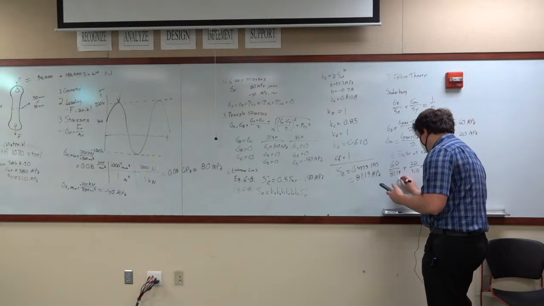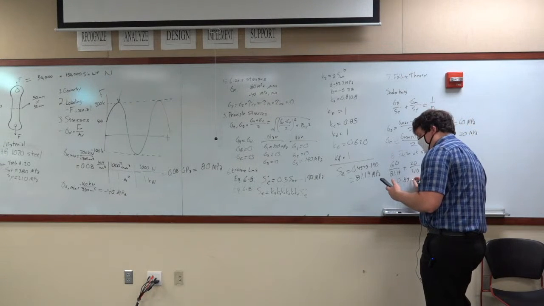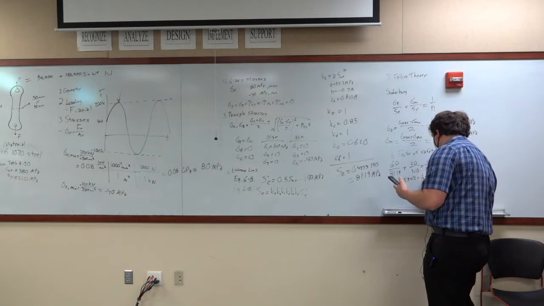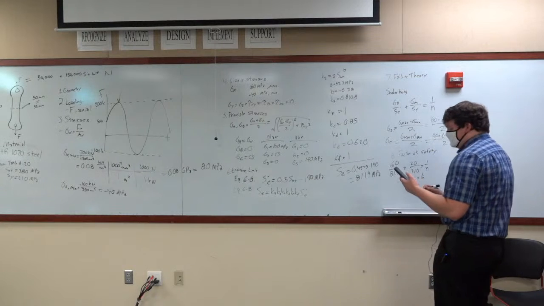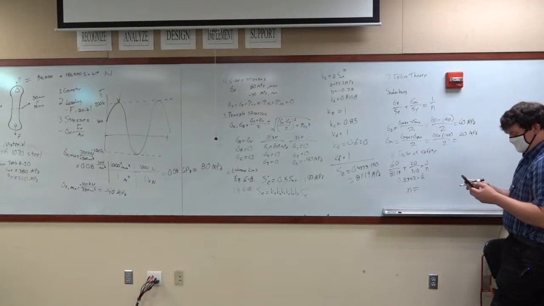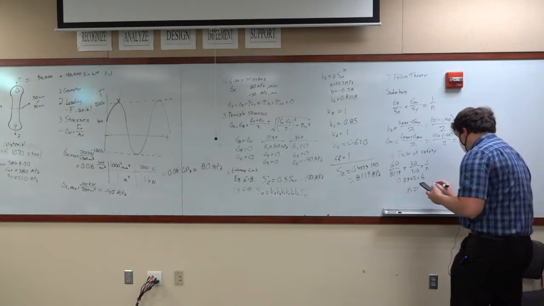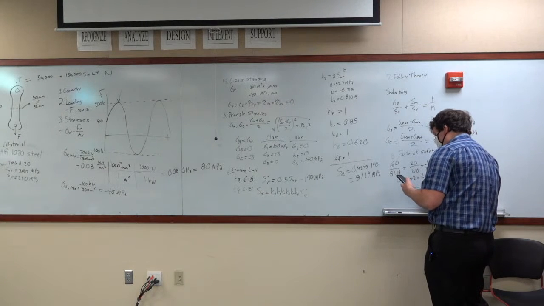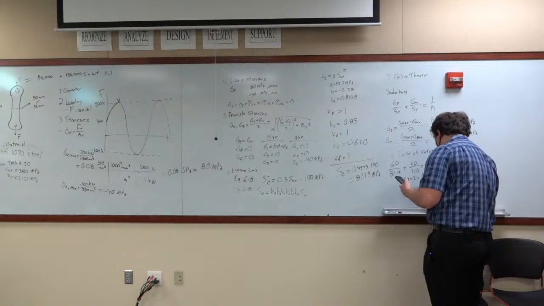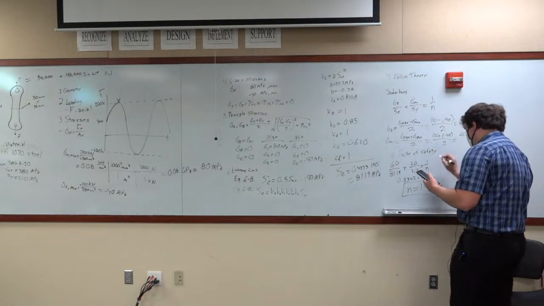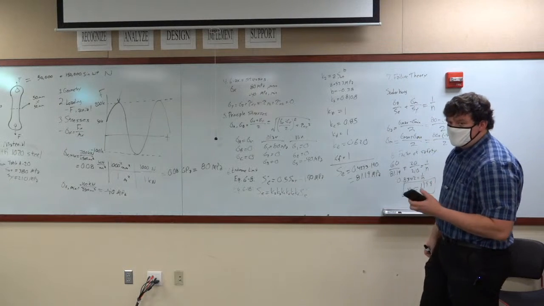We get 0.8342 is equal to 1 over n. And so what that means is that n is equal to 1.199. Will this fail?